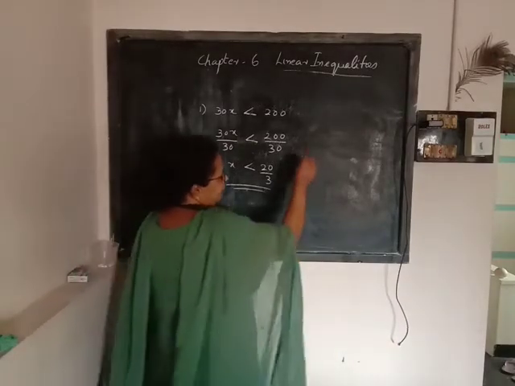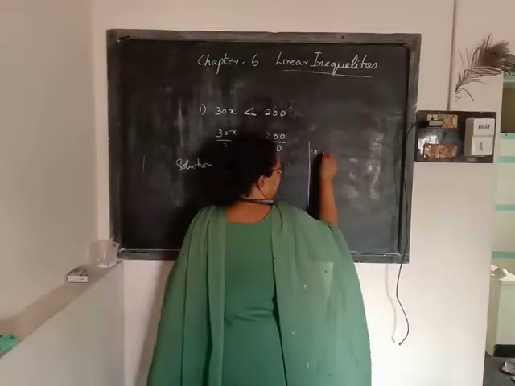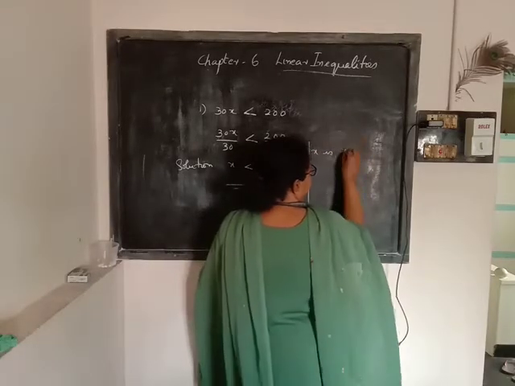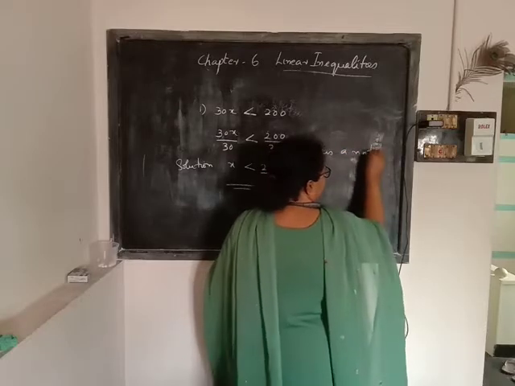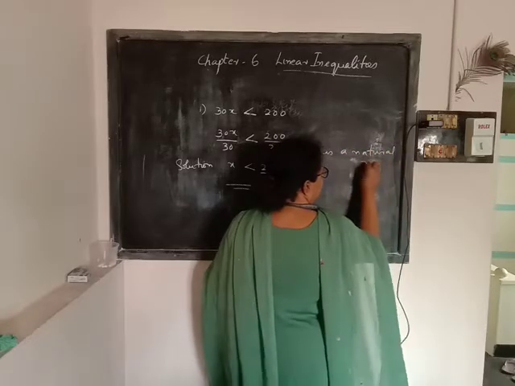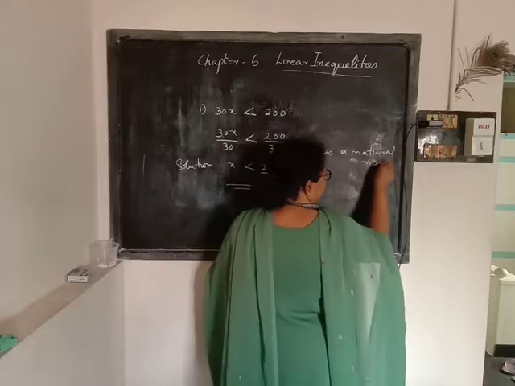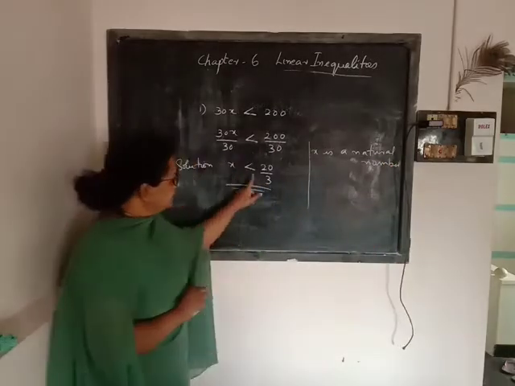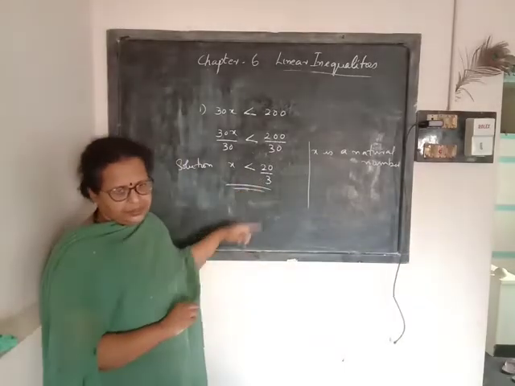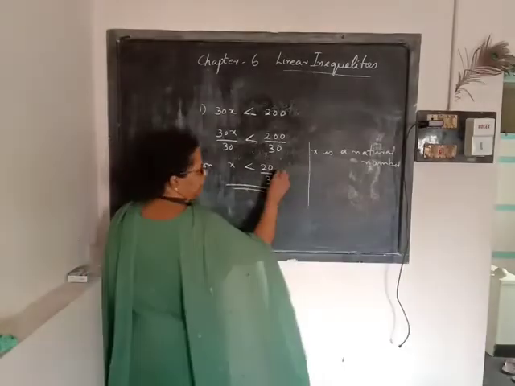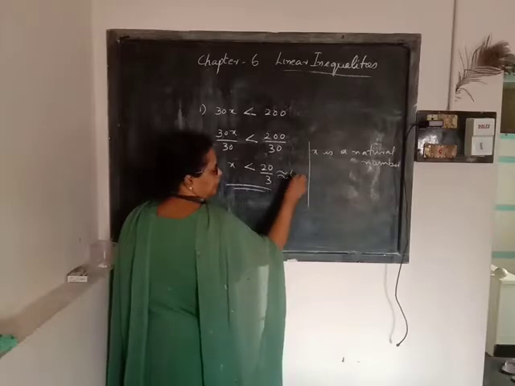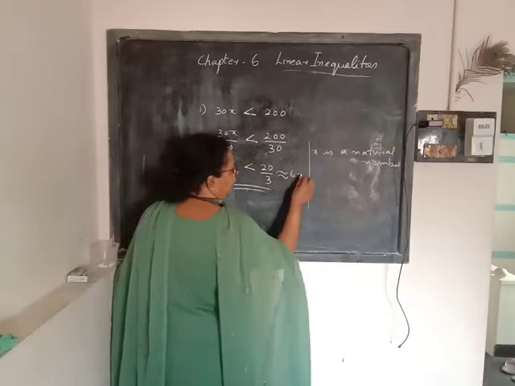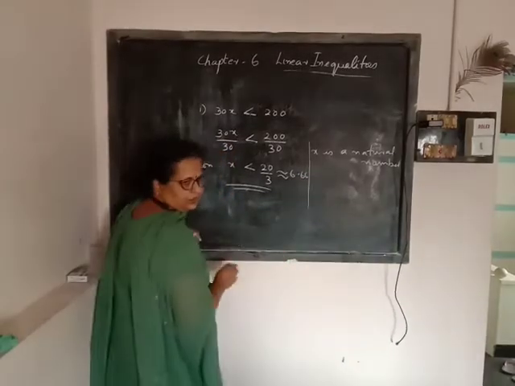Now, if it is given x is a natural number, x less than 20 by 3. 20 by 3 is what? Approximately 6.66, like that it will go on.